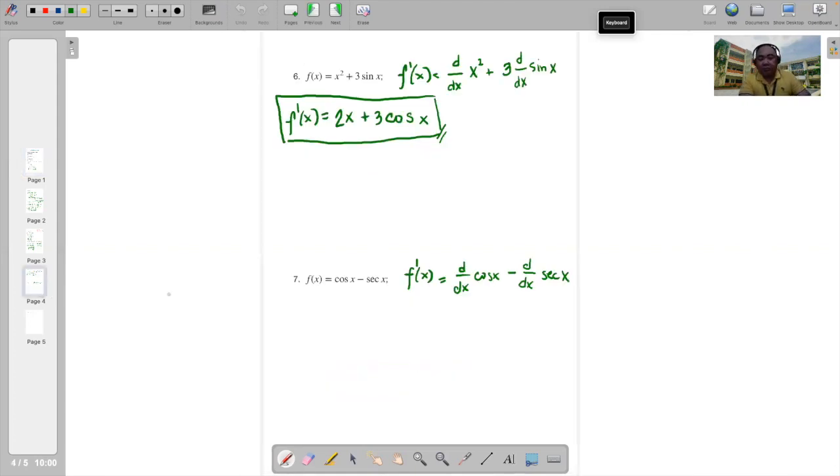So if you're going to implement that here, you will have f prime x is minus sine x minus, and then the derivative of secant x, which is secant x tangent x. And we're good to go here.